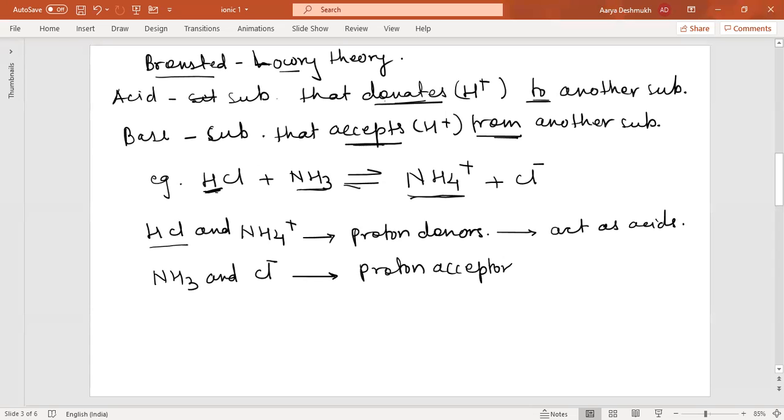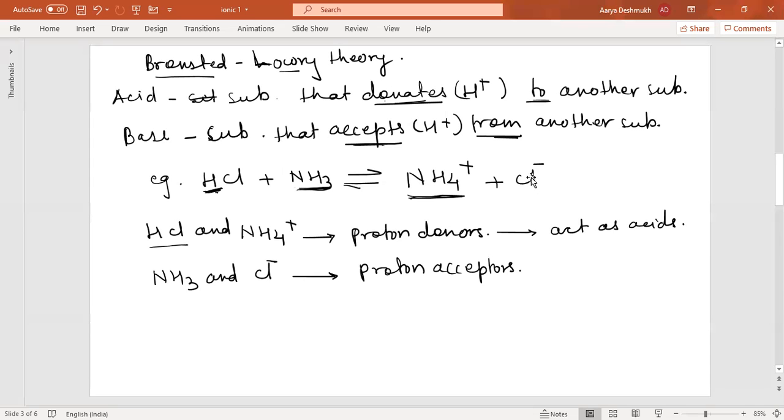You can see in the reaction itself, ammonia is accepting a proton from hydrochloric acid and getting converted into the ammonium radical, isn't it? And these proton acceptors act as bases here.